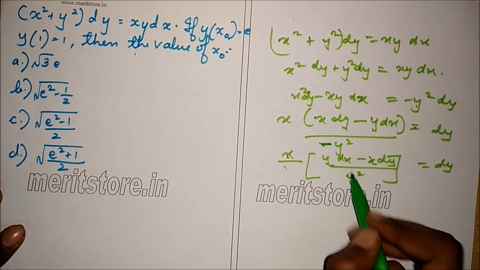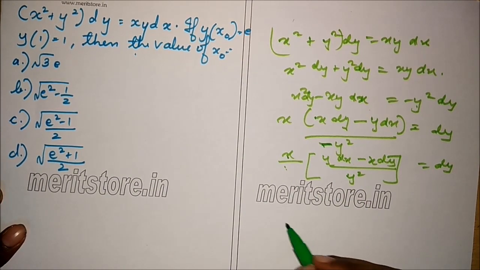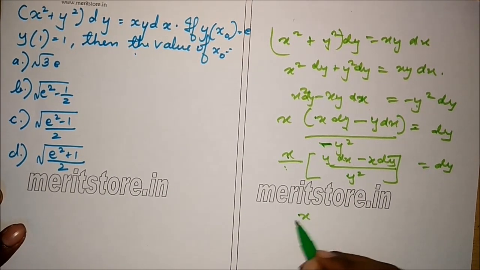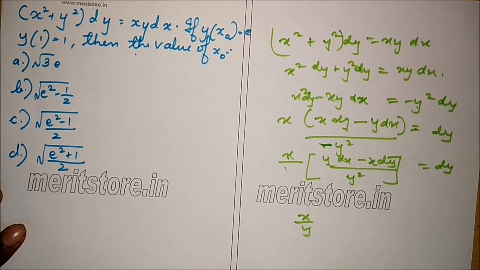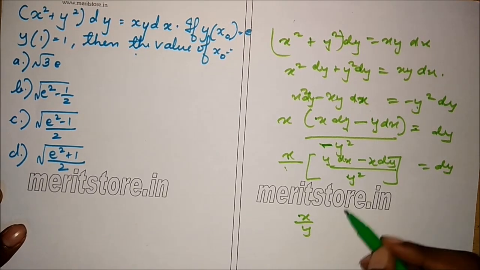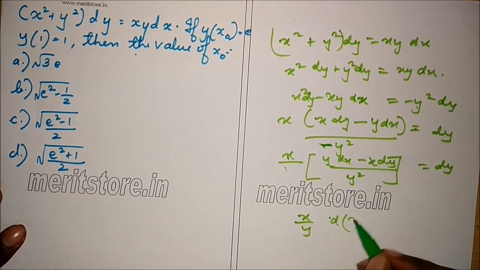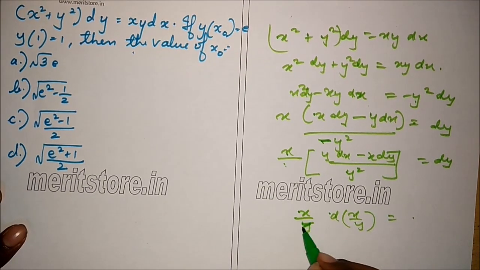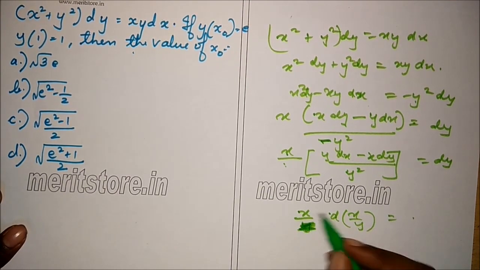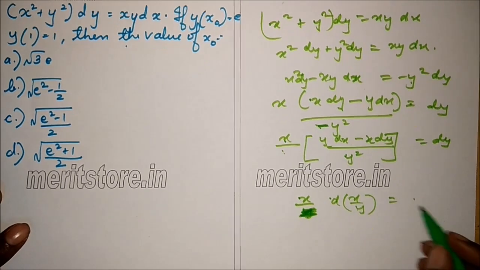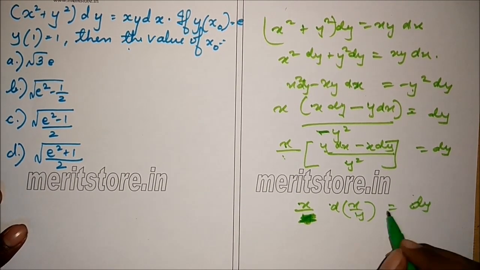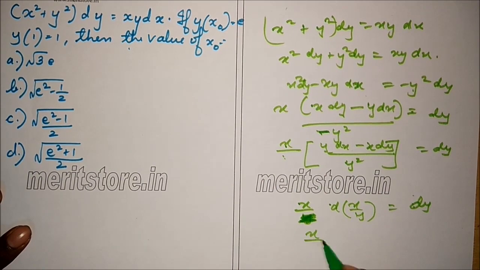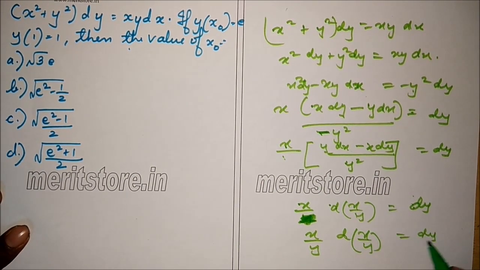Now this is nothing but the derivative of x by y. So this will be x into derivative of x by y is equal to dy. So dividing throughout by y, we get x by y into d of x by y equals dy by y.